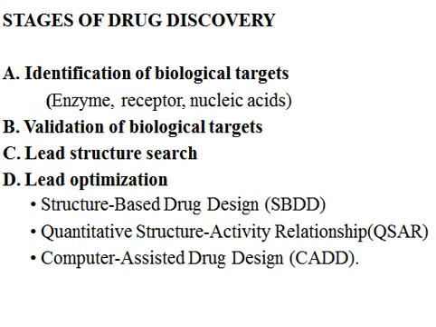Once we have identified the biological target, the next step is to confirm whether this is actually our target or not. It may be possible that you consider a molecule as a target, but it was not actually your target. So we have to confirm whether this receptor, enzyme, or nucleic acid is your target, because sometimes the drug may interact with more than one target, and in that case some side effects are produced.